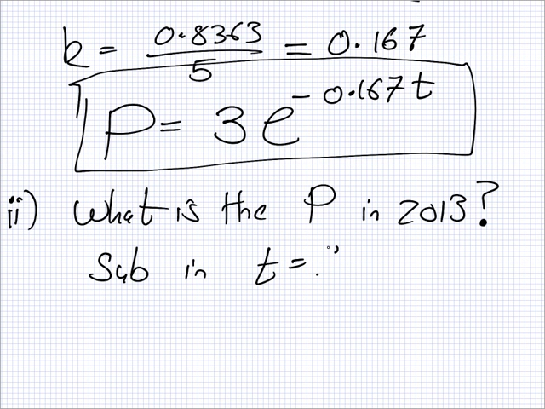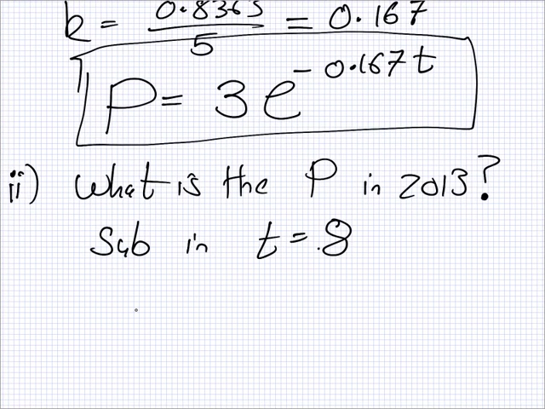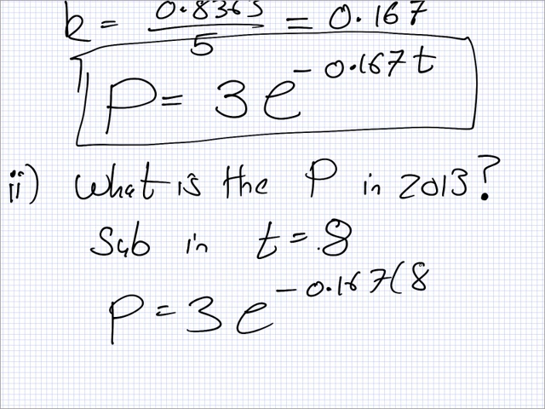So P is 3e to the minus 0.167 times 8. If you just hit that in, you can tell me how many million fish we have in 2013.